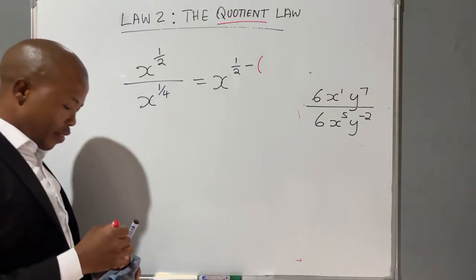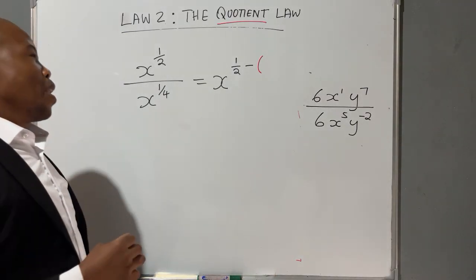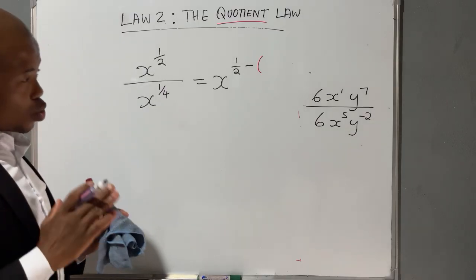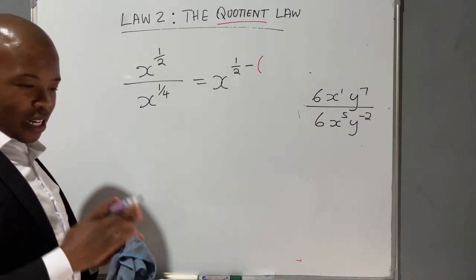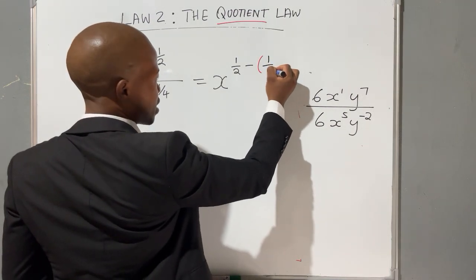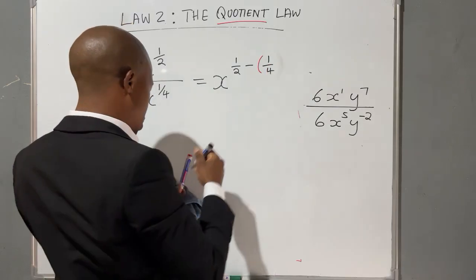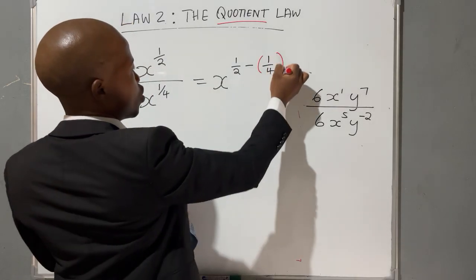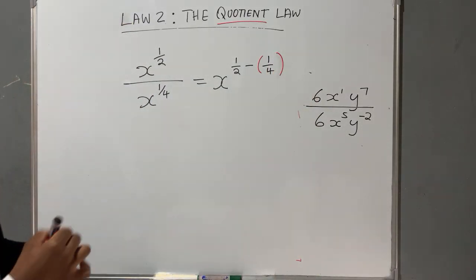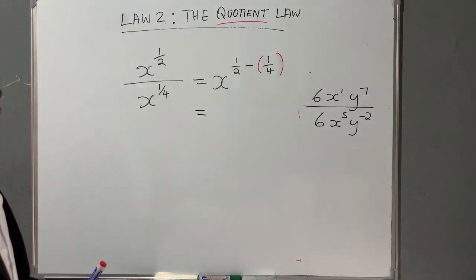And remember I said whenever you are subtracting, just so that you don't confuse yourself, whatever you're subtracting, put it in brackets, right? Just learn this every time. You will never go wrong. Do not make this mistake, right?